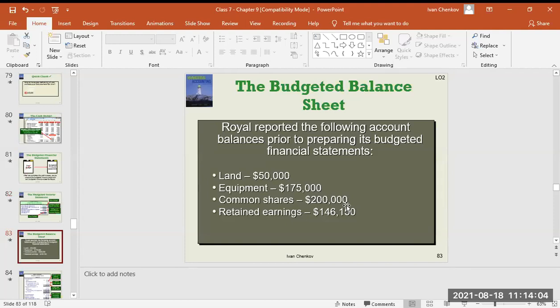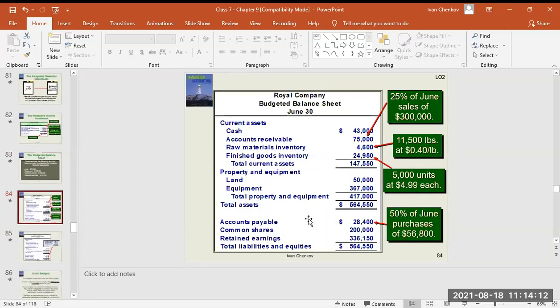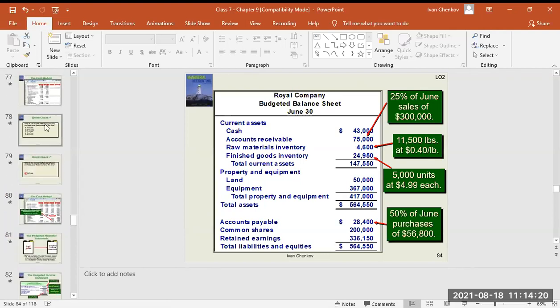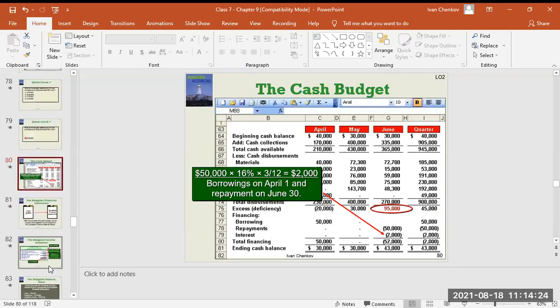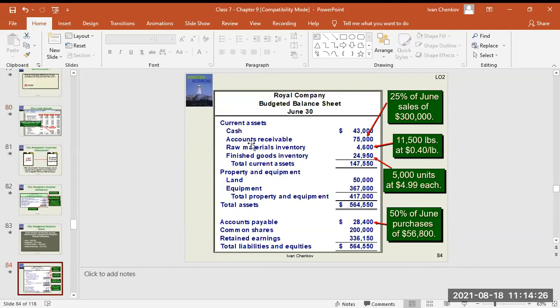Now, for the balance sheet, I need additional information, which will be for the land, equipment, common shares, and retained earnings. Now, cash, the cash is 43,000. From where am I going to get the cash? From my cash budget, 43,000. So that's my cash. Then I'm going to have accounts receivables.